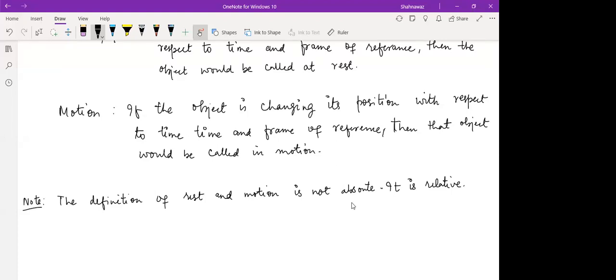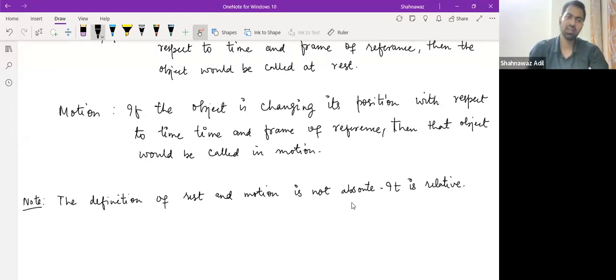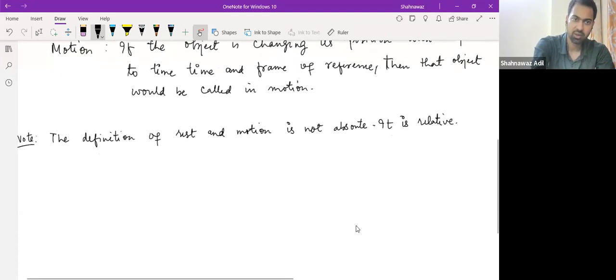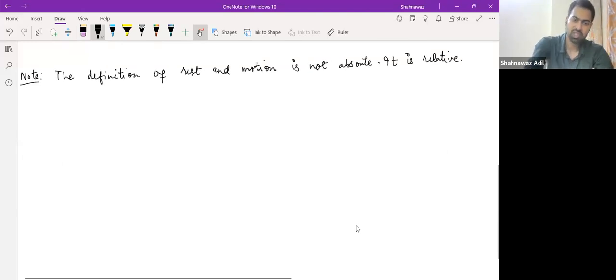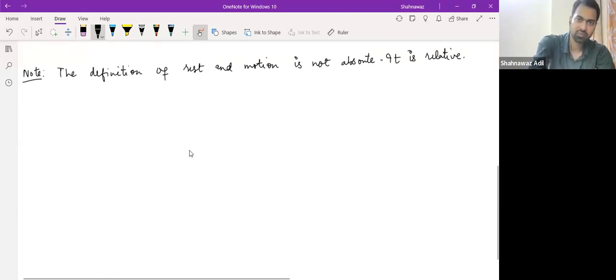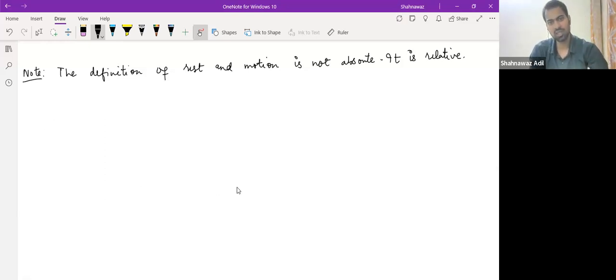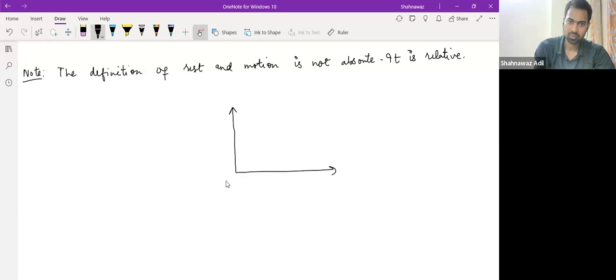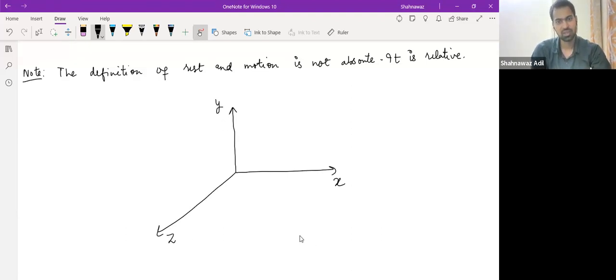Yes, sir. Okay. Now let us understand about motion in 1D. So when the position of the object is dependent upon only, let's say that, how many coordinates do you have? So you have 3 coordinates, right? X, Y, and Z, right?